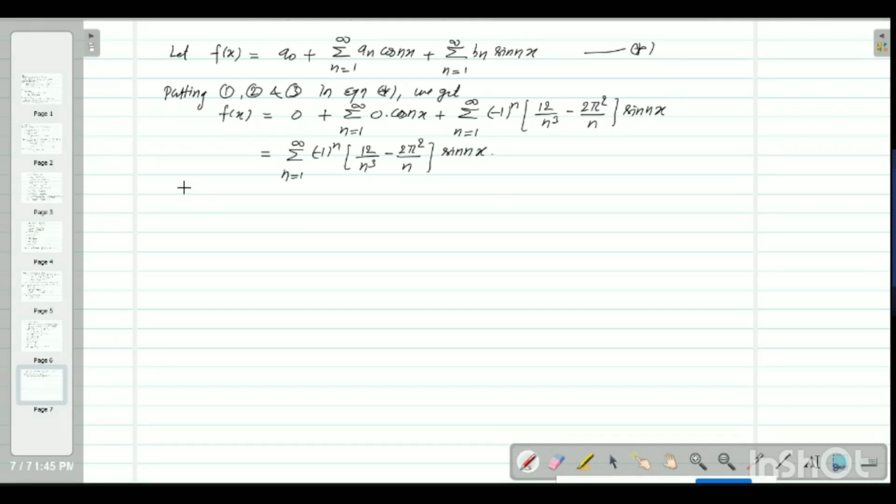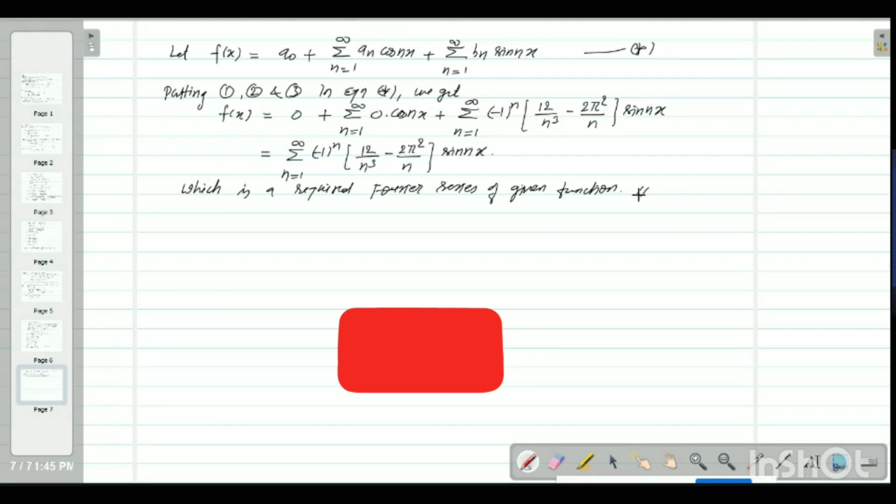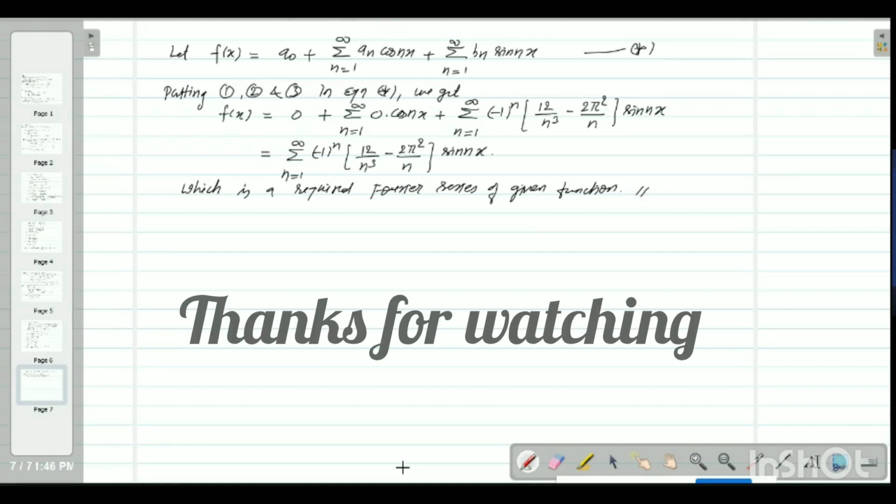Okay, which is the required Fourier series of the given function. I hope you understood, students, how to find the Fourier series of the function x cube in the interval minus pi to pi. Yes or no? Yes or no, students? Can you tell me? Yes, sir.